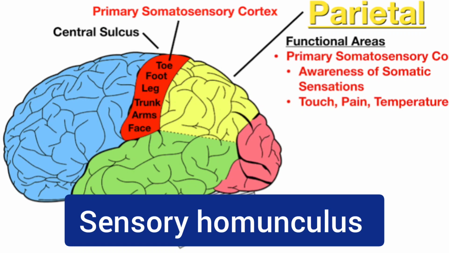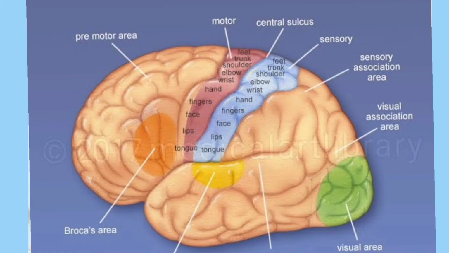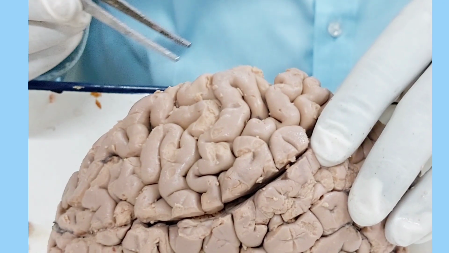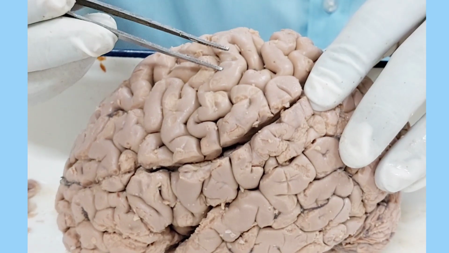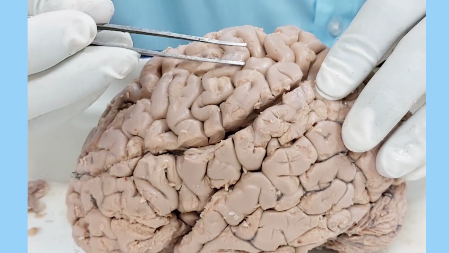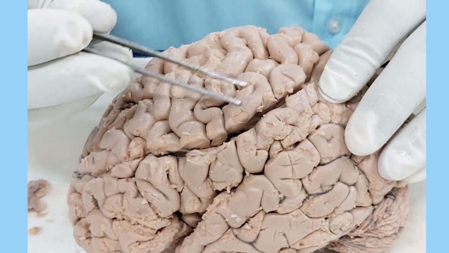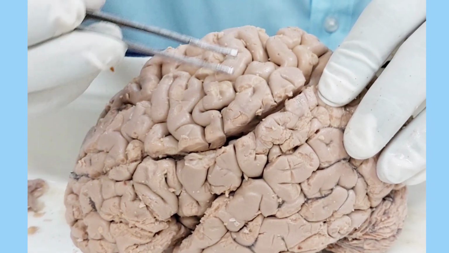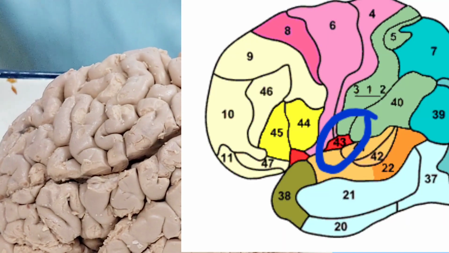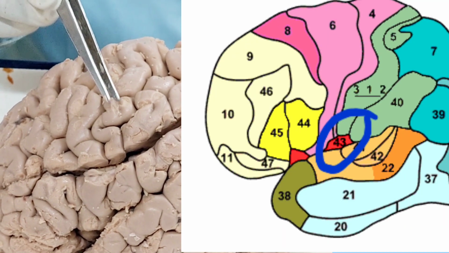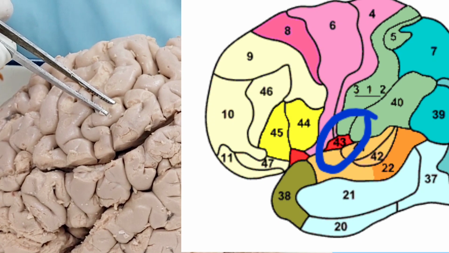So the sensory homunculus is in the postcentral gyrus and the motor homunculus is in the precentral gyrus. Below the postcentral gyrus, in the lower part, another area is there. That is called area 43, or taste area. So the taste area is the lower part of the postcentral gyrus.